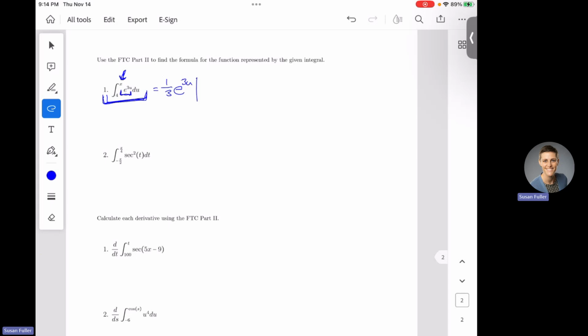And then, now that I've found my antiderivative, I'm going to evaluate it from 4 to x. I'm now going to plug my top bound in, and I'm going to get 1/3 e to the 3x, minus my bottom bound plugged in, which is 1/3 times e to the 3 times 4, which is e to the 12th.